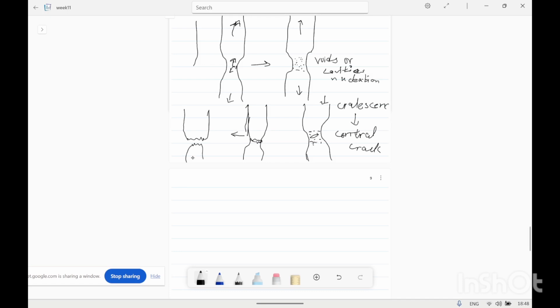This looks like a cup and cone because of this region.